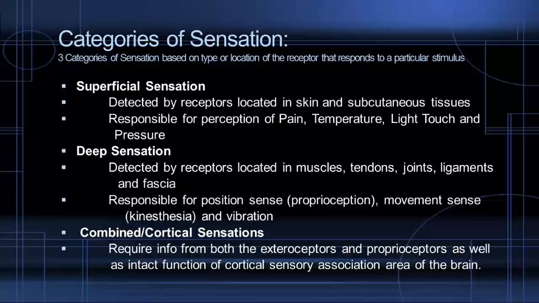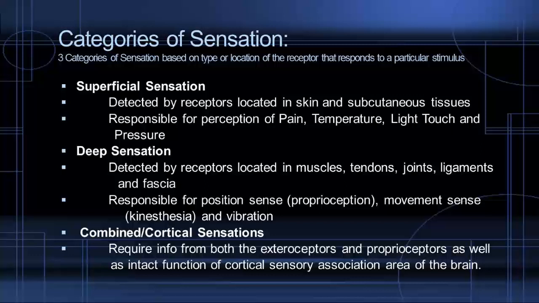A lot of times people will have losses in superficial sensation after an injury or a surgery particularly, but they still maintain those deep sensations. So it's kind of interesting to compare the two when you're doing the testing. The combined or cortical sensations involve information from those external receptors and proprioceptors, as well as cortical information in the sensory association area of the brain.